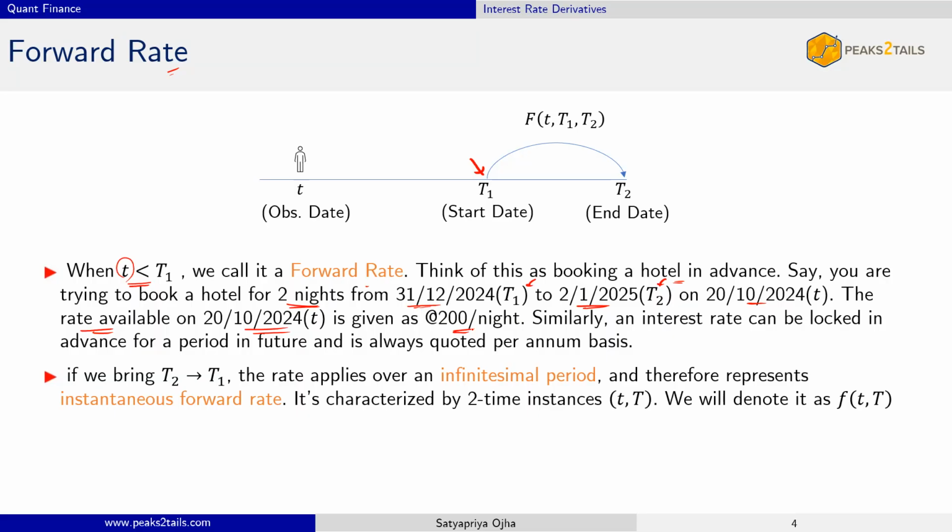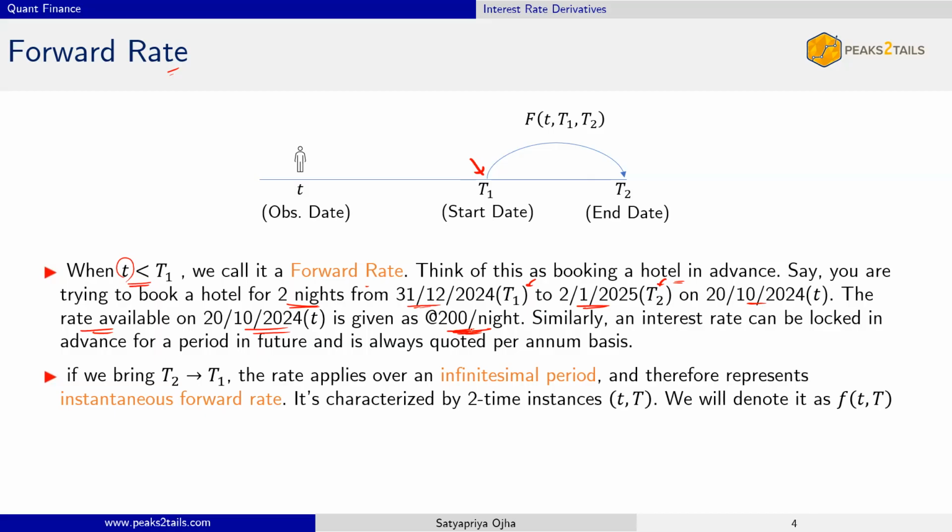And also to draw the parallel with respect to rate, the rates of hotels are quoted as a dollar amount per night, and then you aggregate based on how many days you stay. Similarly, interest rates are quoted on a per annum basis. You need a standardized period. Per year, how much is the interest, or per 6 months?